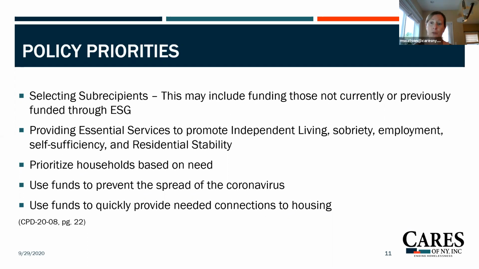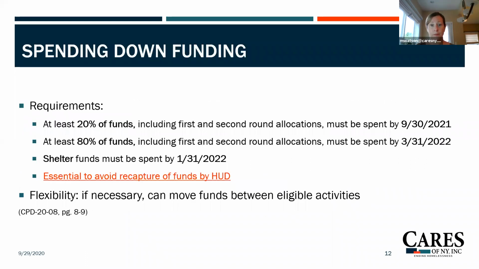However, again, please note that projects remain prohibited from requiring treatment or other activities as a condition of receiving assistance. Projects must also prioritize households based on need, which again will be achieved by working through the coordinated entry system. And finally, funds must be used to prevent the spread of coronavirus and to quickly connect persons to housing.